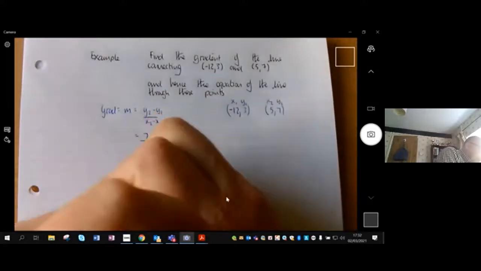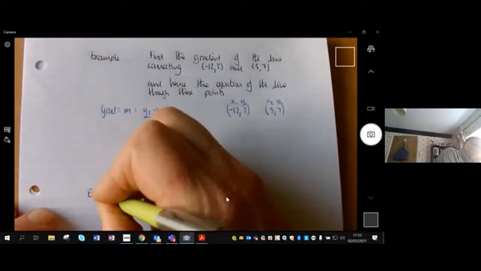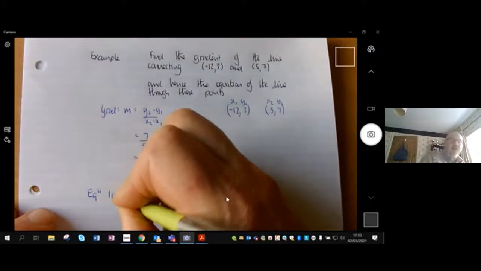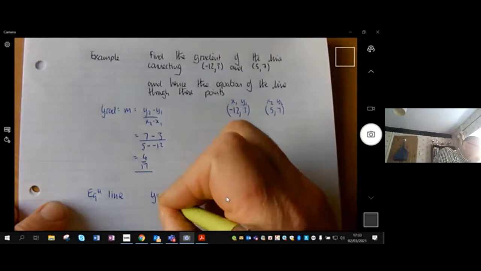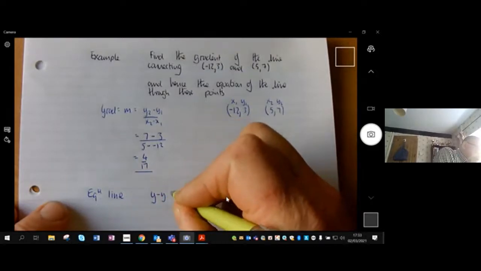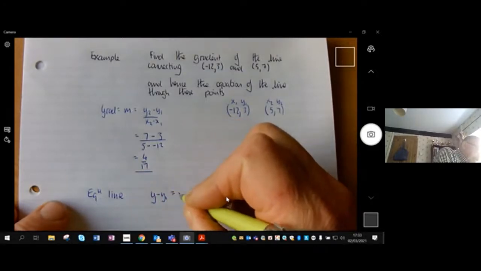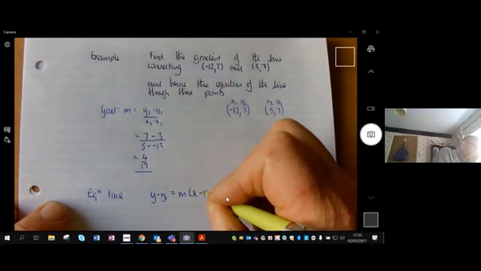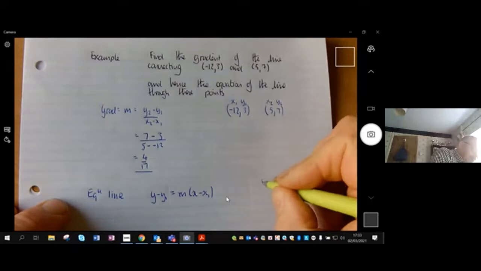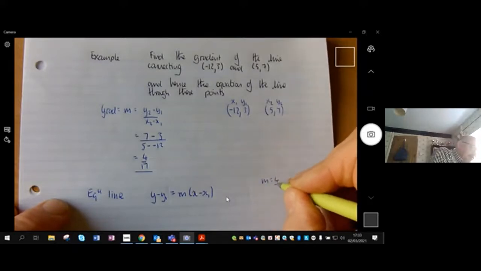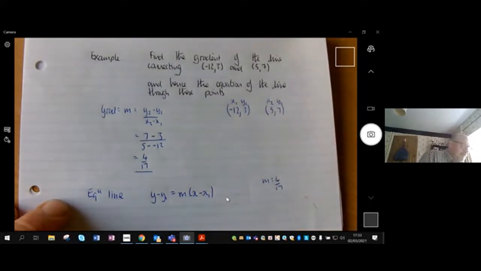So tell the examiner, equation of line. You don't have to write an essay. How am I going to do it? y minus y1 equals m(x minus x1).